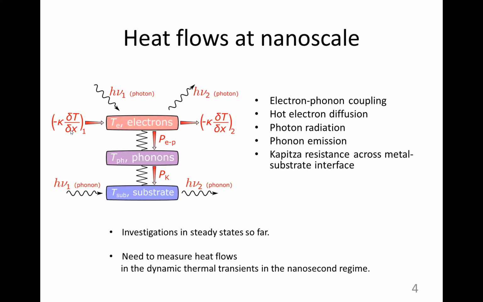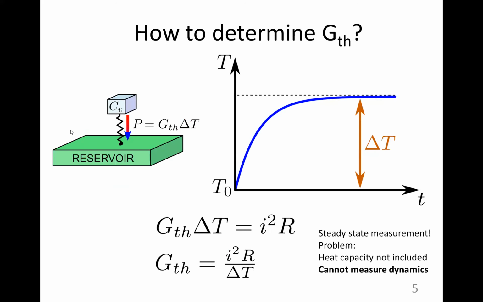To this day, all of these heat flows were measured mostly in steady state. And in order to observe thermal transients, we would like to measure in this nanosecond regime, but we need a fast thermometer.